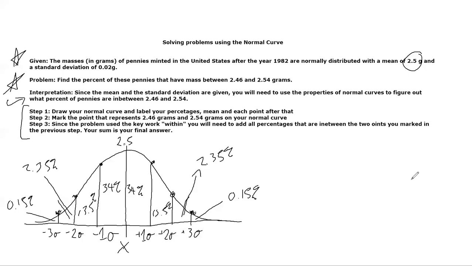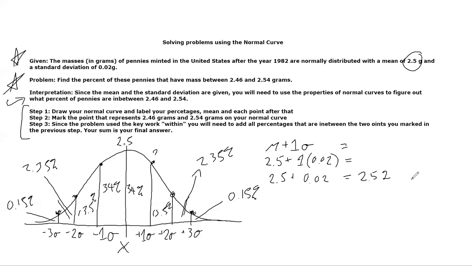So for the first one, plus 1 standard deviation, mean plus 1 standard deviation, that means it's 2.5, because we know that, plus 1 times my standard deviation of 0.02. 1 times 0.02 is 0.02, which means this is going to be 2.52.